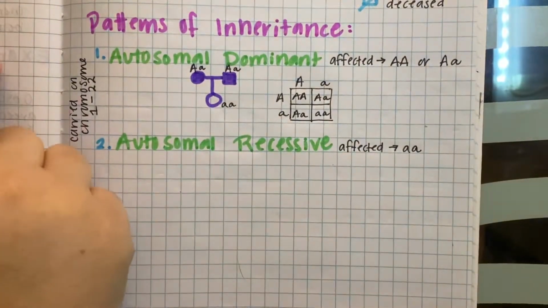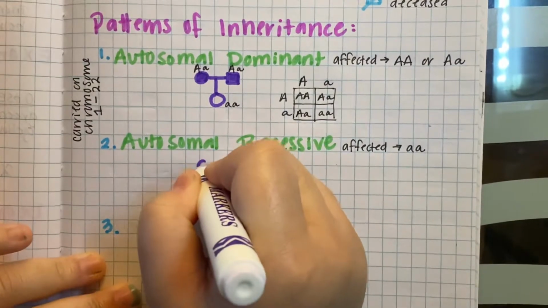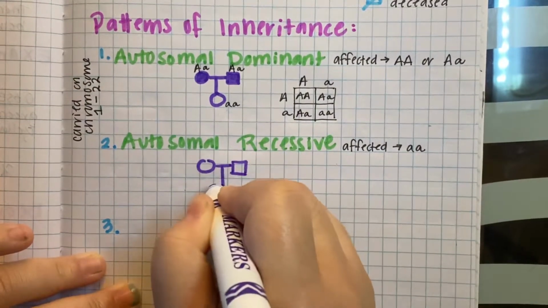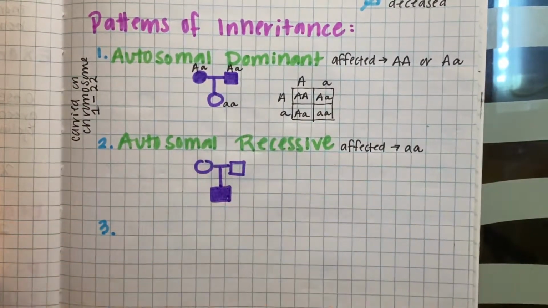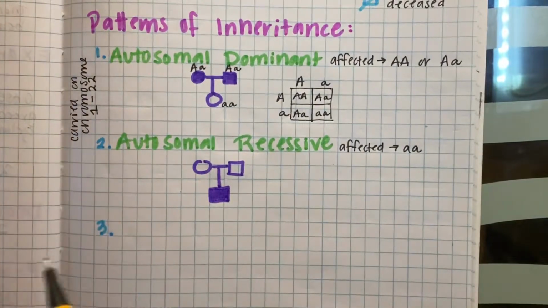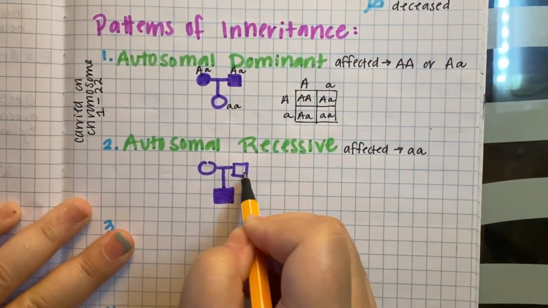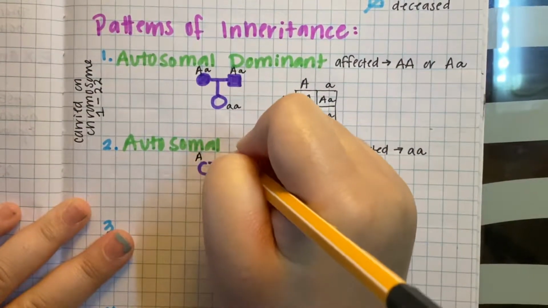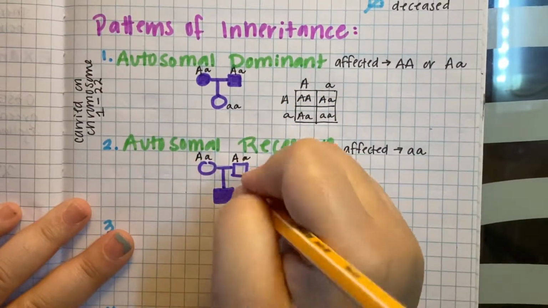For autosomal recessive, you're looking for the opposite. So you're looking for two parents who are unaffected who have an affected child. Okay, and so what this would tell you is if these two parents are unaffected, that means they must each have at least one dominant allele. And then if they had an offspring who's affected, they must be heterozygous.